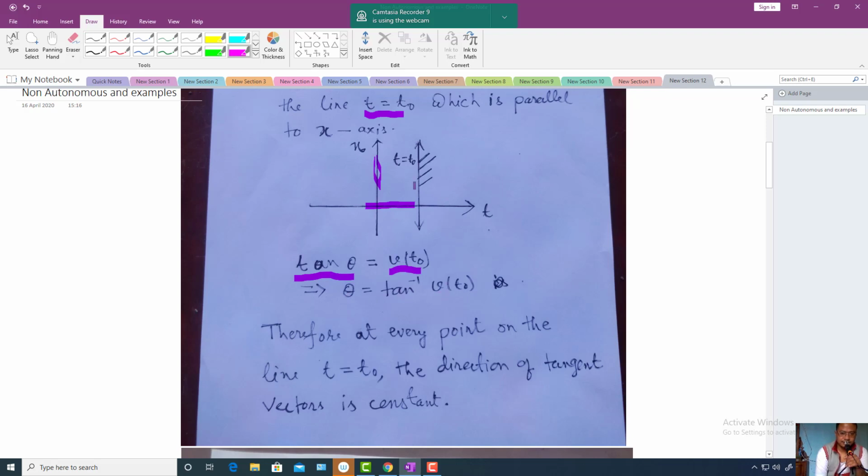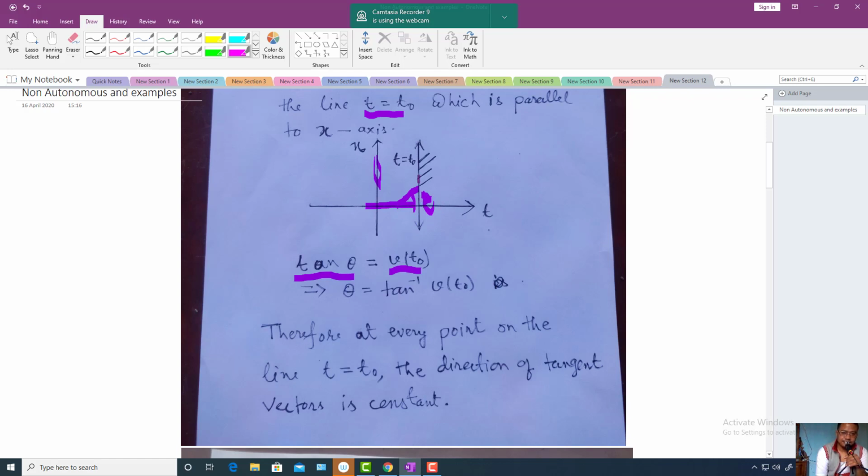That means, if you extend this line segment to touch the time axis, then this angle is theta.